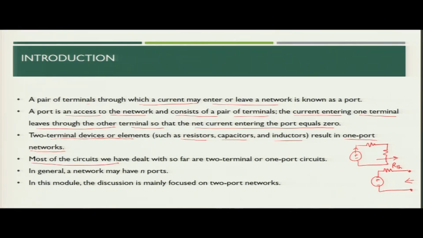Most of the circuits which we have discussed till now were two terminal or single port networks, where we were representing them as a Thevenin equivalent and trying to find out the various parameters of the circuit. But in general, the network can have n number of ports. So, in this particular module, we will discuss mainly the two port networks.